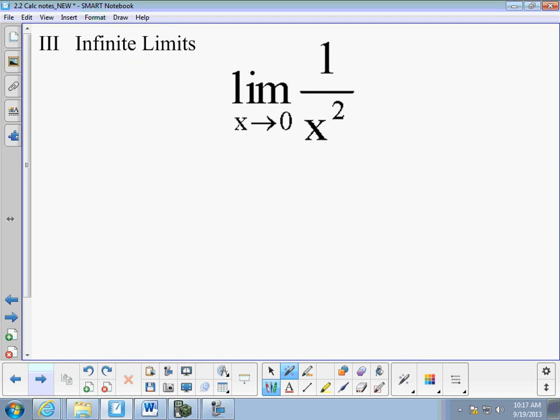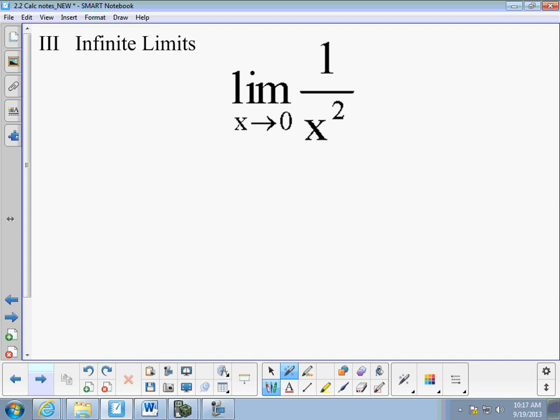What's the value of the function at 0? What's this equal to at 0?